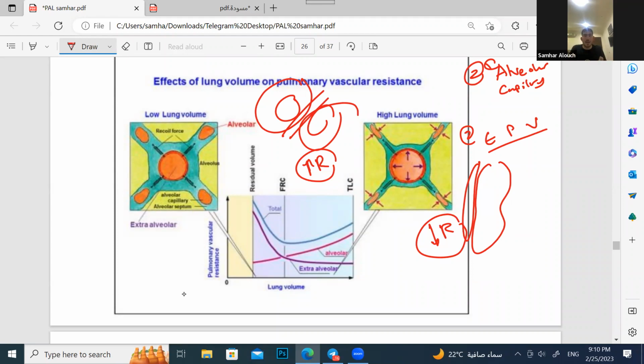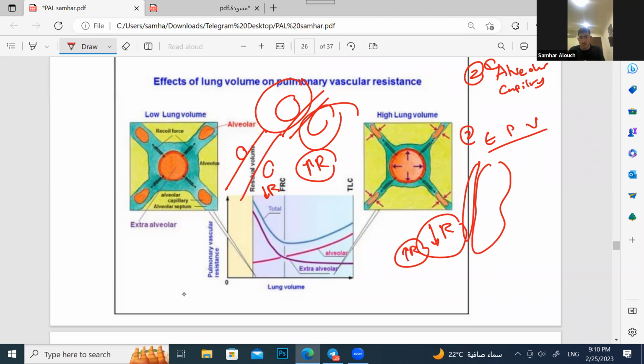What if I exhaled? When I exhale, the alveoli will get small, and so these blood vessels will come back to normal and their resistance will decrease. But on the other hand, the extrapulmonary vessels, when I exhale, the pleura will come back to normal and constrict them once again, and so their resistance will increase.